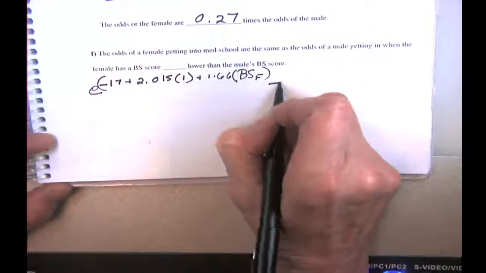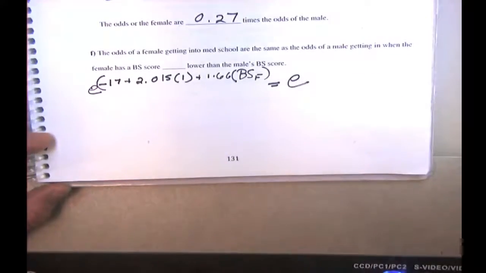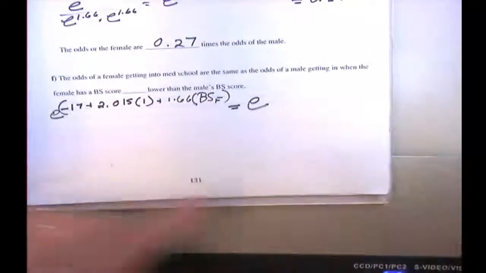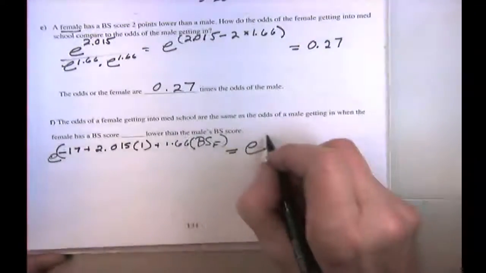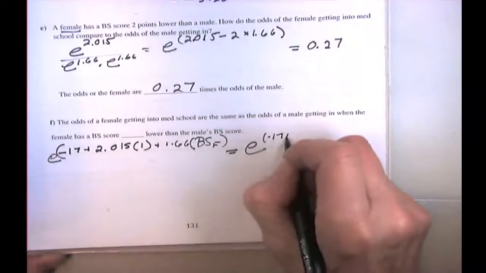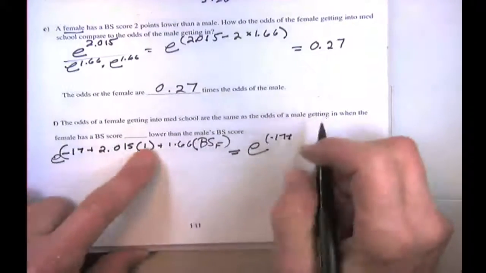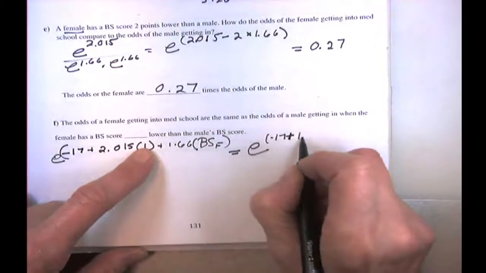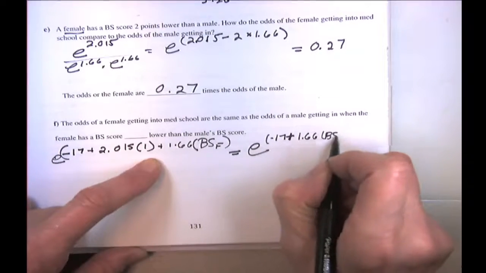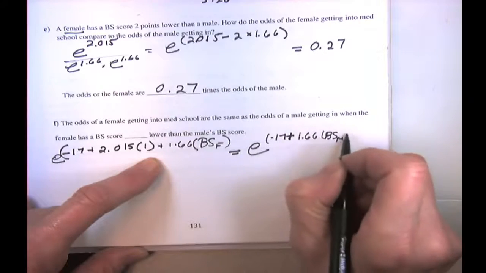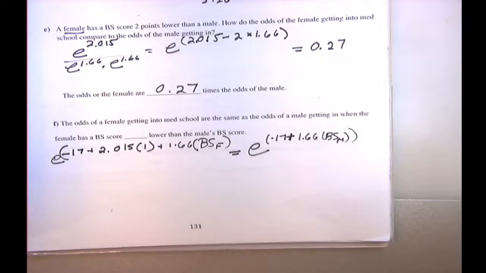I want that to be the same as for men. So what are their odds? Their odds are just going to be the same, except you'll have a 0 in there, right? So it's negative 17 plus 0, plus 1.66 times the biological score for males. That part. All right?